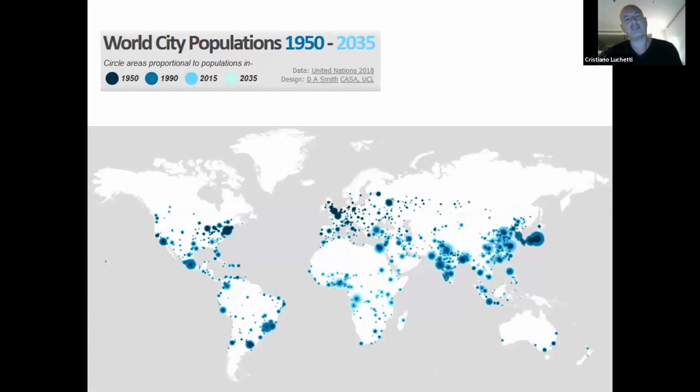This was actually the interesting part for me and for my research. So let's start by talking about the role of population in cities around the world. If you see the development between 1950 and 2035, there has been a progressive and seemingly unstoppable growth of the population in urban centers. Especially in Africa, the Middle East and Asia, the cities just became bigger and bigger and bigger.